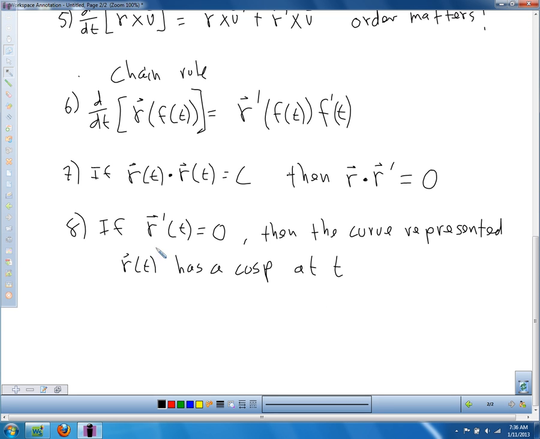And kind of a corollary of this property is that the curve is smooth everywhere r prime does not equal 0.